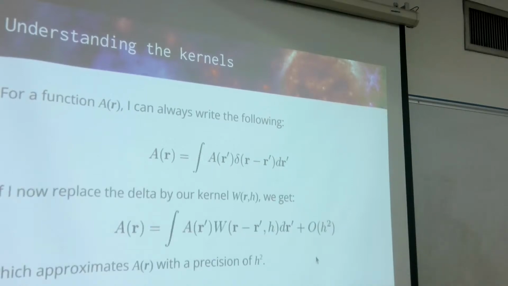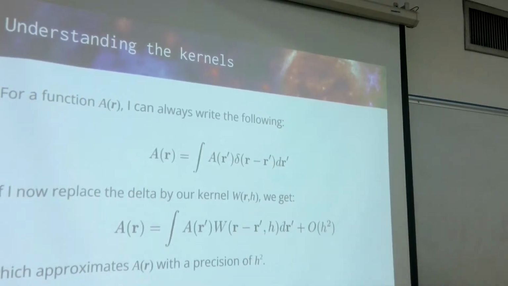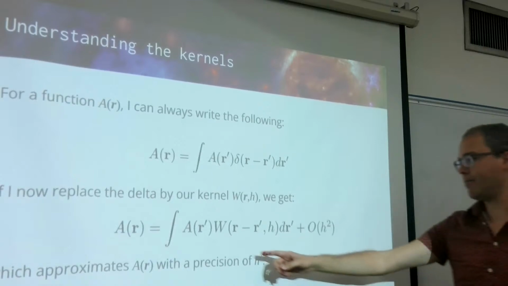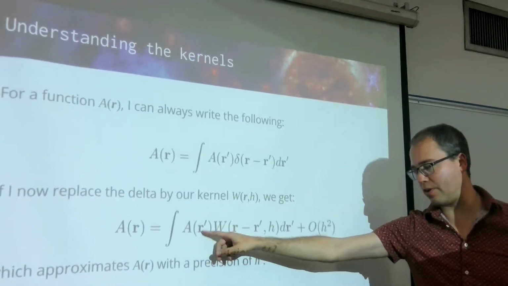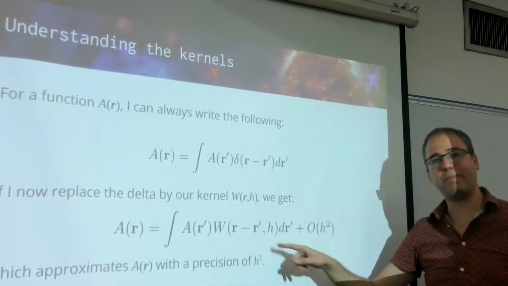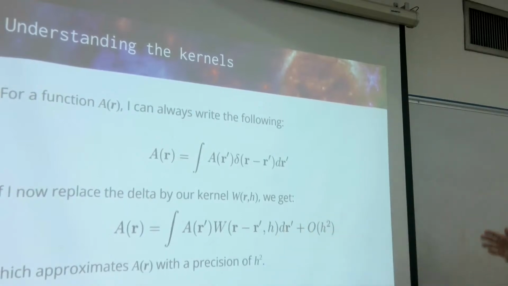So if I replace my delta by a W, and I can expand it just to see what the level of precision of this is, A is still going to be the value of A at different points, multiplied by my kernel over a given size. And then you could also look at all of the higher order terms if you wanted.